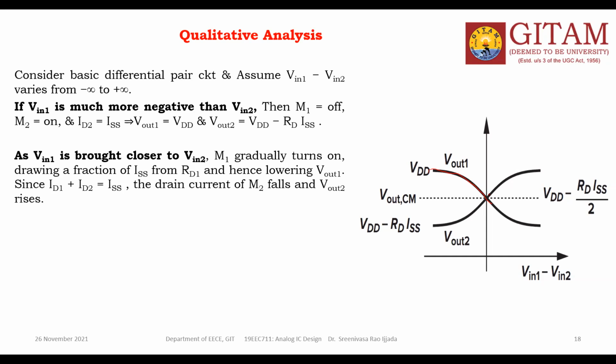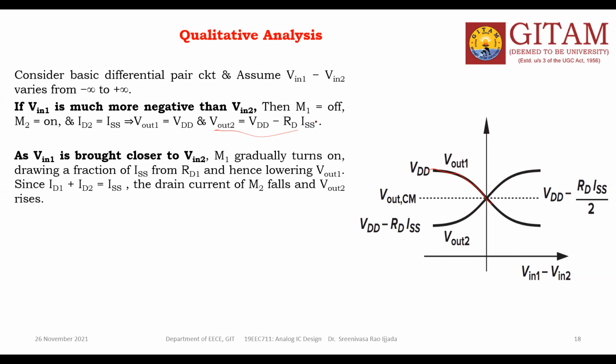So what happened on the other side? This is the voltage equation only: VDD minus RD into ISS, but not ISS in full now, because the other branch, that means the left hand side branch, is also activated. The same current ISS is splitting.